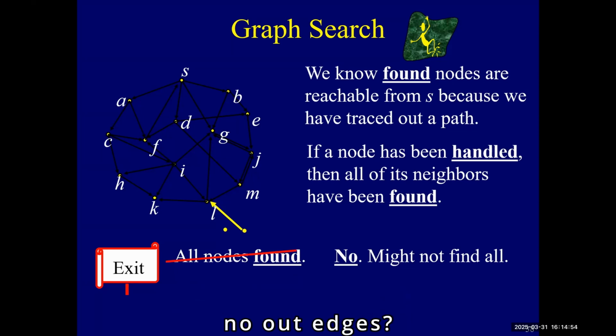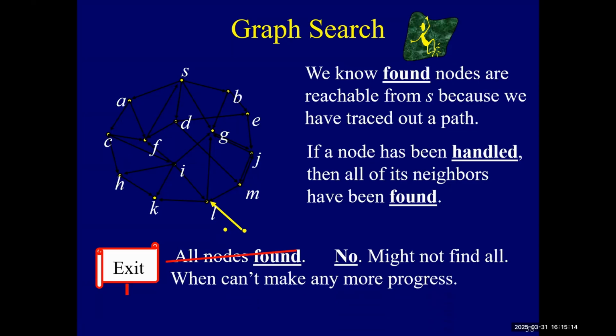A node with no out edges? Yeah, for sure. In fact, there it is, right there. There's a node that has no edges in or out, this one down here. So we might not find them all.